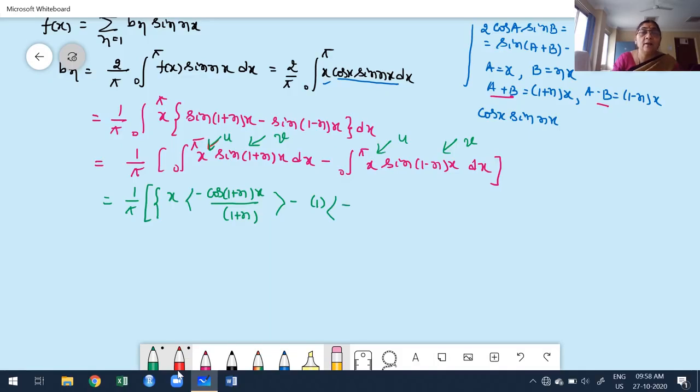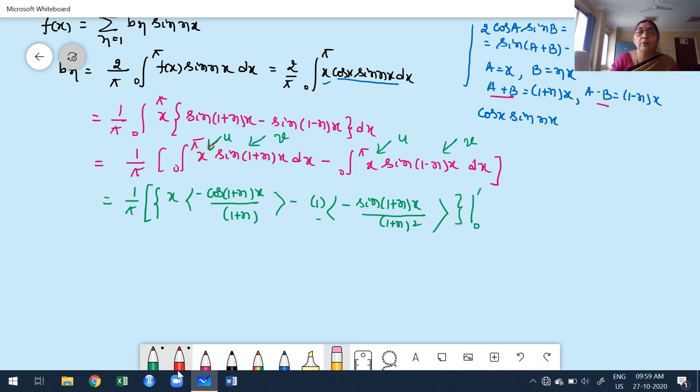Again I have to integrate cos. While doing integration, keep minus 1 by (1 plus n) as it is. What is the integration of cos? Sine of (1 plus n) into x divided by (1 plus n) into (1 plus n), what we get is (1 plus n) whole square. Once you get the derivative value as constant, that is my last term of the UV rule, because the further higher derivative of a constant must be 0.